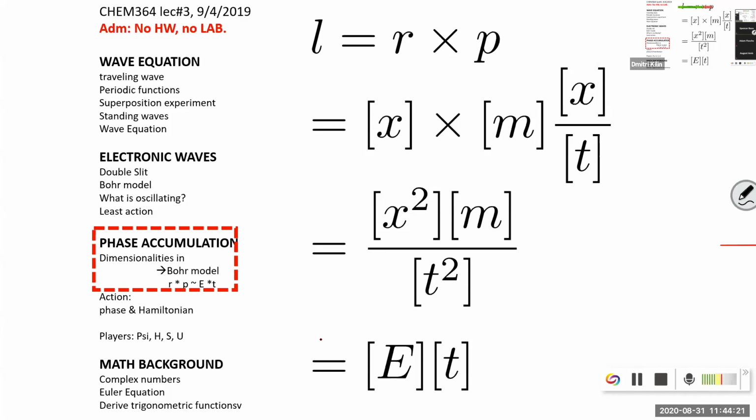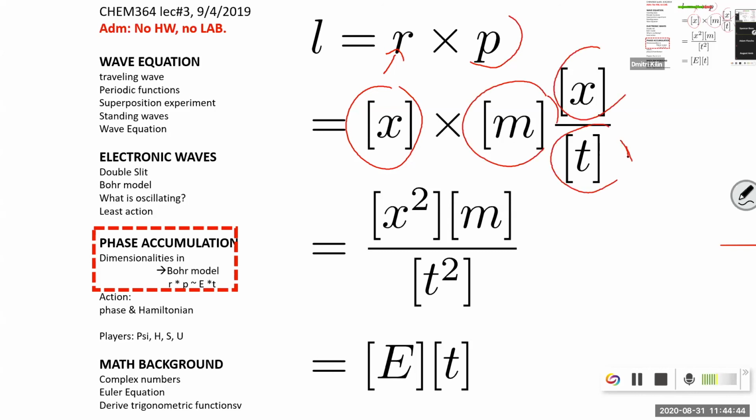Distance is just measured in units of distance, like meters or inches or whatever, parsecs if we are speaking about astronomy. Momentum is mass times velocity. Velocity is distance over time. So overall, the dimension of the angular momentum.